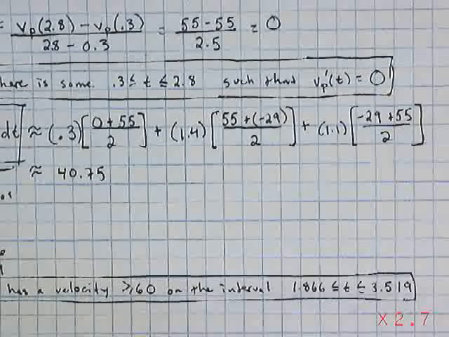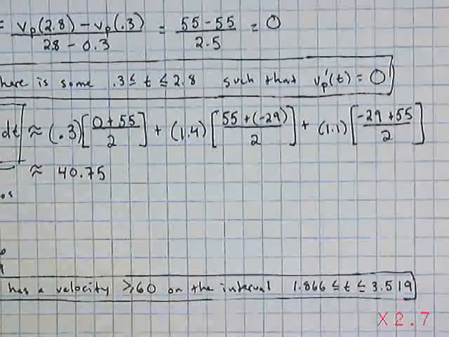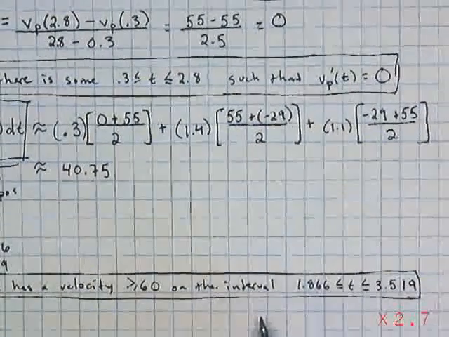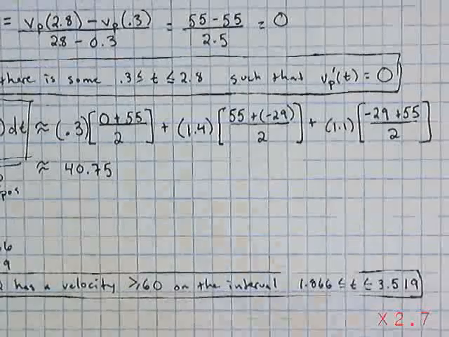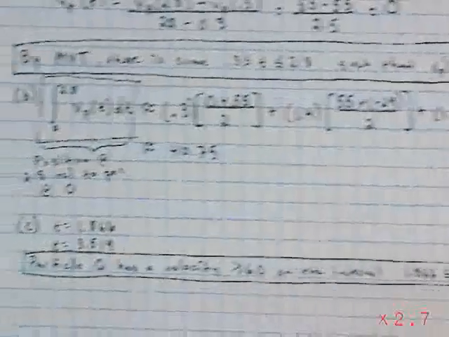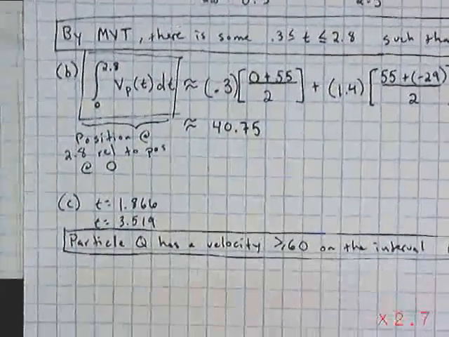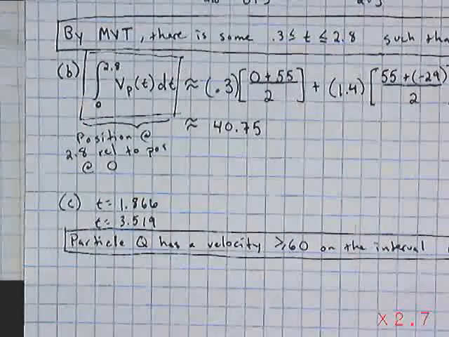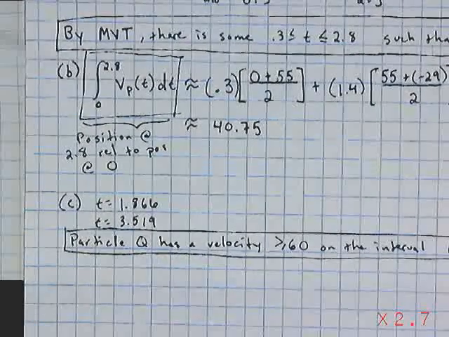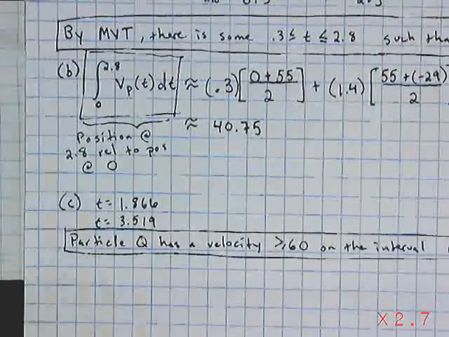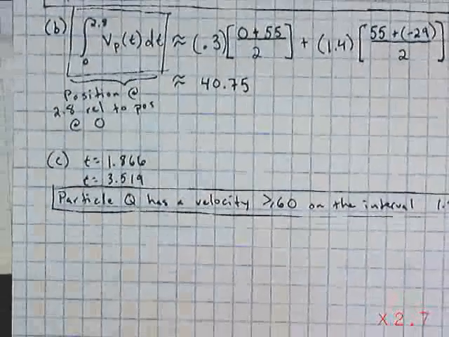The next part of the problem was, okay, on that interval, how far does the particle travel? In that section of time where we're in excess of 60 meters an hour, how much travel does the particle do?